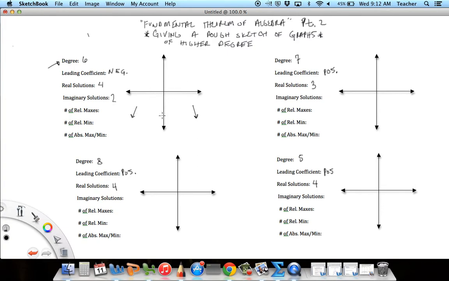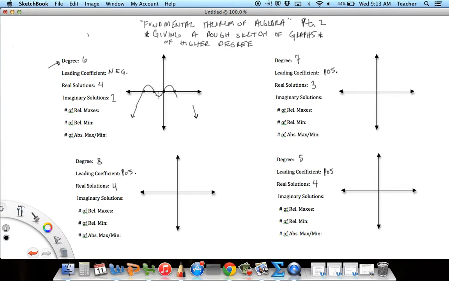Now what happens in between is what this information gives us. Let's take a look at this. I know that it has 4 real solutions, which means it crosses the x-axis at 4 points: 1, 2, 3, 4. I also know that it has one less critical point than the degree, so I need 5 critical points.